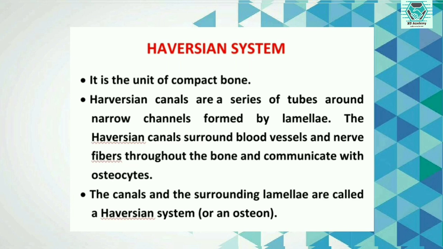Each Haversian canal contains one or more blood vessels, lymphatics, nerves, and there may be a few marrow cells. Around each Haversian canal, a varying number, like 8 to 15, of layers of bone are deposited in concentric circles which are called Haversian lamellae.